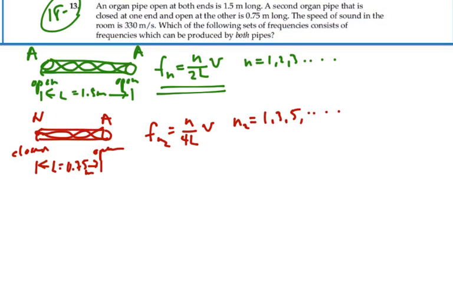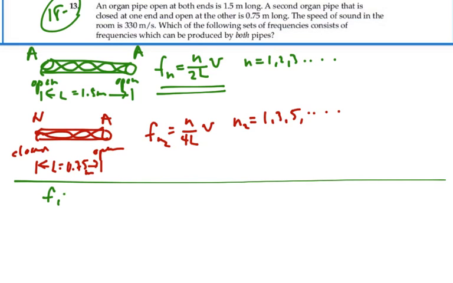Now if we look at the fundamental, say for the open end tube, the fundamental will be 1 over 2L times the velocity of sound. So that's going to be 1 over 2 times 1.5 times 330, which was given for the velocity of sound.